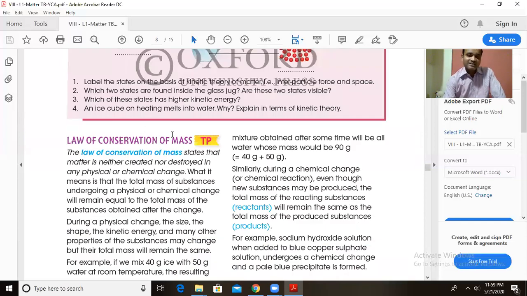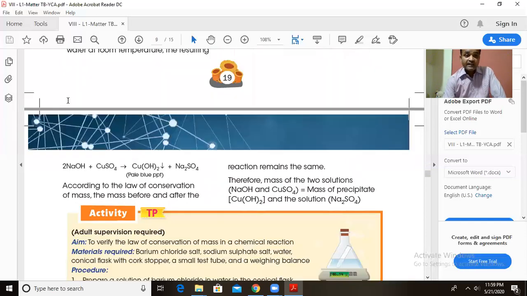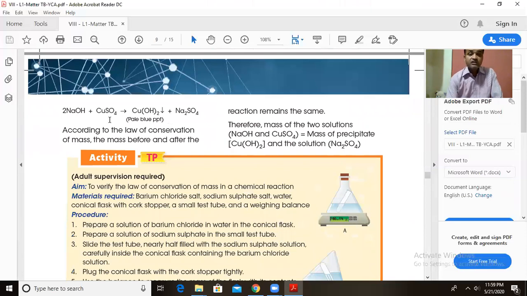A reaction of NaOH plus CuSO4. This is a double displacement reaction. NaOH plus CuSO4 gives the formation of Cu(OH)2 and Na2SO4. NaOH and CuSO4 are the reactants, and Cu(OH)2 and Na2SO4 are the products.